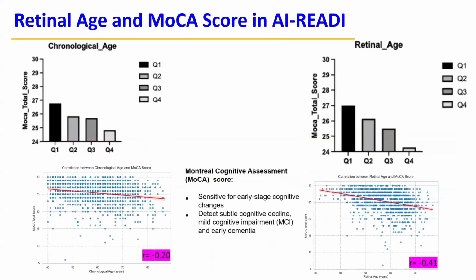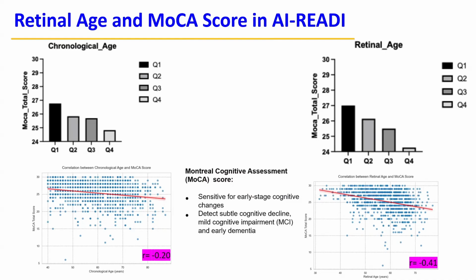We looked at how retinal age associates with cognitive function. First, we looked at how chronological age associates with cognitive function measured by the MoCA score, and the correlation coefficient is mild, minus 0.2. This means when you get older, your cognitive function becomes worse, which makes sense.